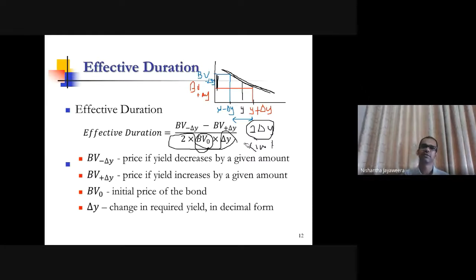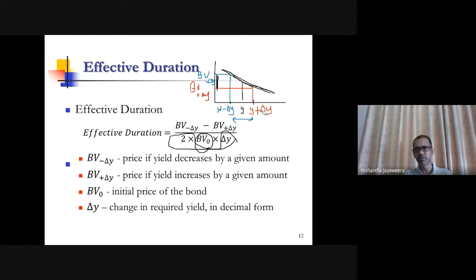This is called effective duration. The only thing is, to do this you have to price the bond at three different points. You need the actual prices.